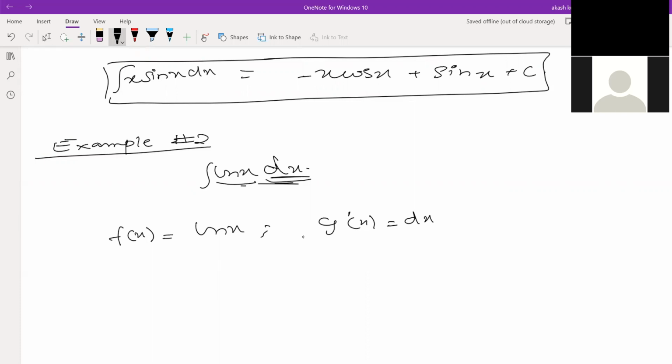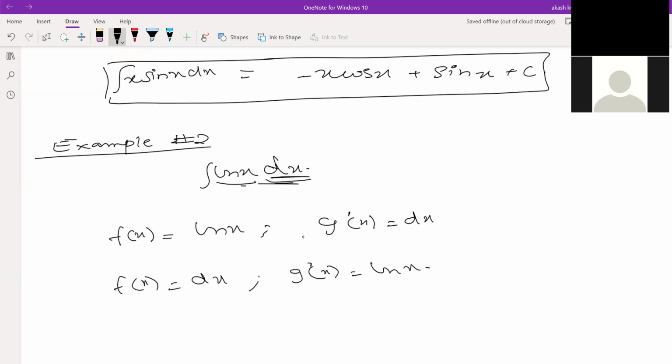Here it doesn't matter, right, even if we do the opposite? No, we can't take the opposite. We can't take f of x as dx and g dash of x as ln x.